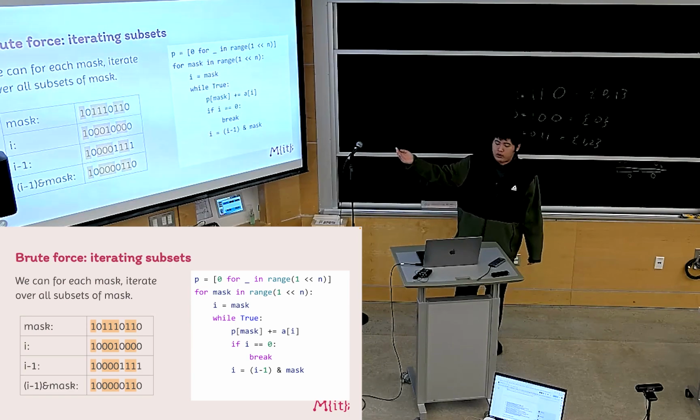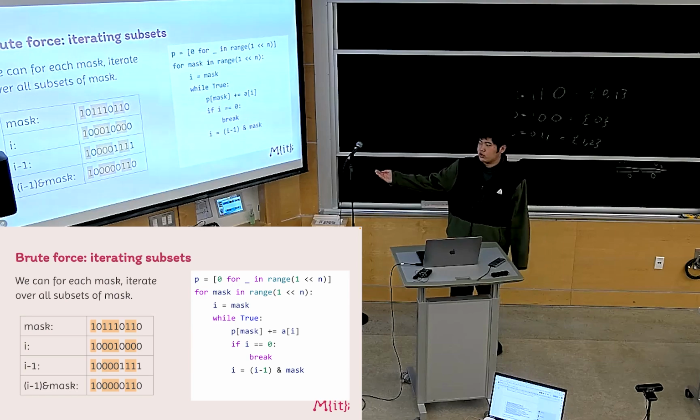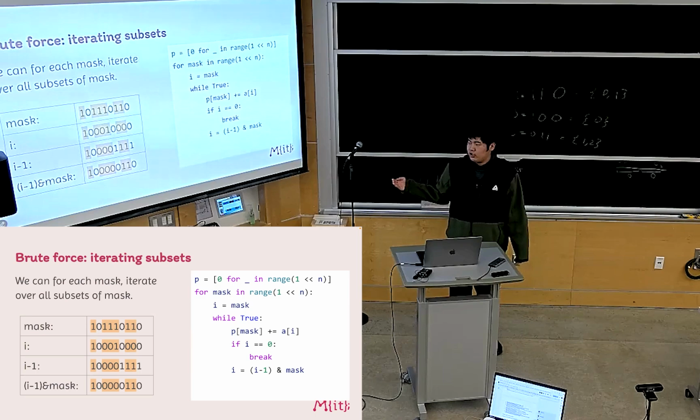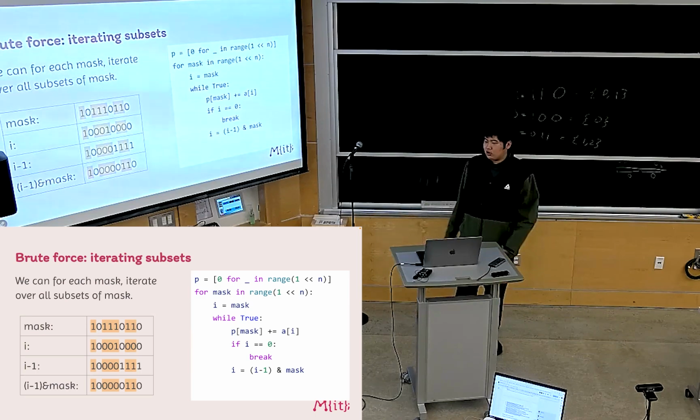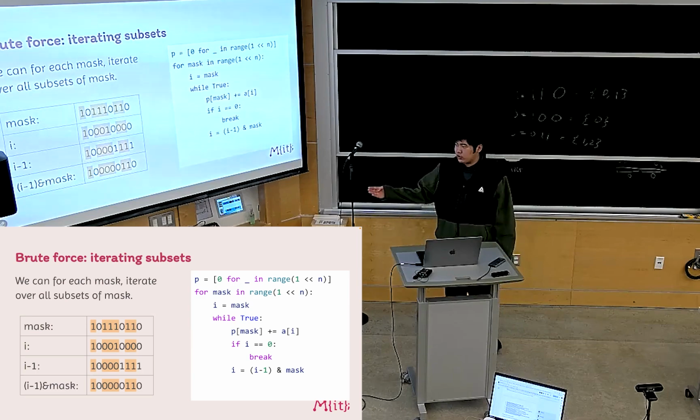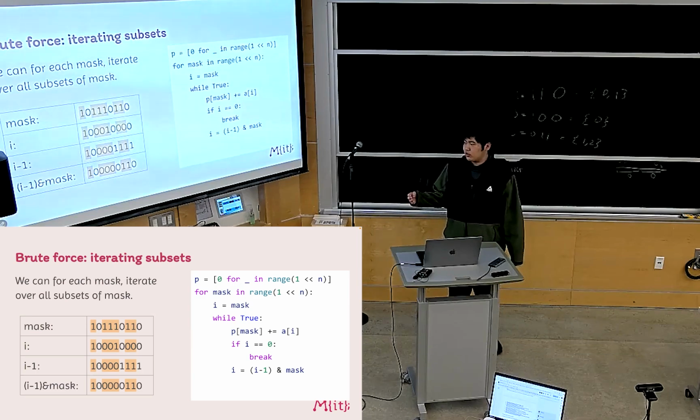Then we can directly subtract 1 from I, which in binary representation is 1 0 0 0 0 1 1 1 1. And finally, we can take the bitwise AND, or the intersection of mask and I minus 1, and this will give us 1 0 0 0 0 0 1 1 0.